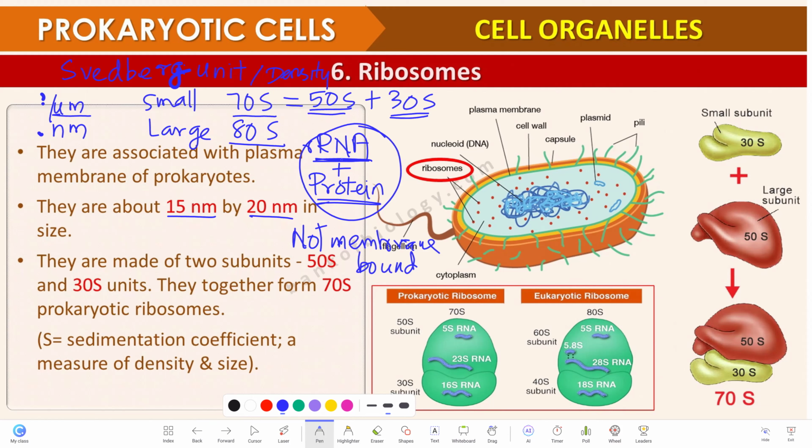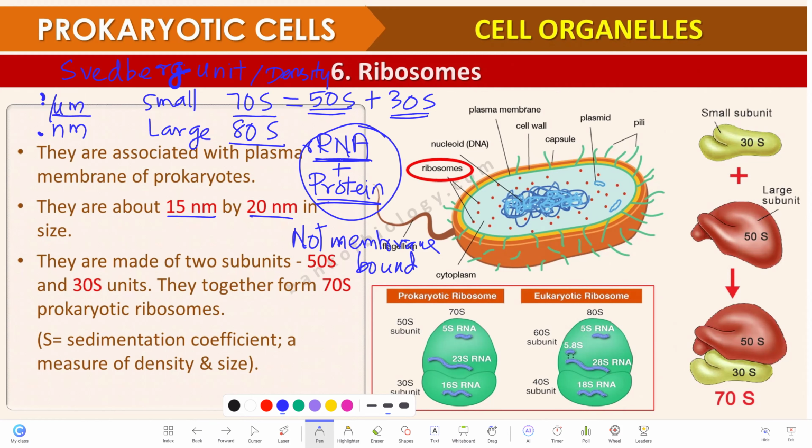The ribosomes of bacteria, prokaryote. 70S, small subunit, 30S. Synthesis. Yes. Okay. Is it surrounded by a membrane? No. Okay. Ribosome, 70S, 50S.